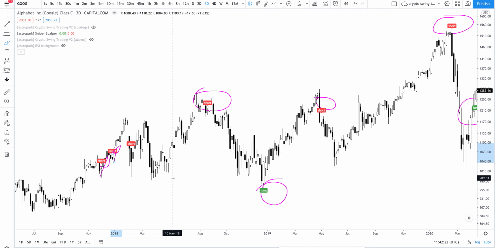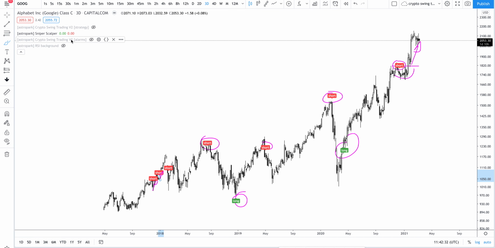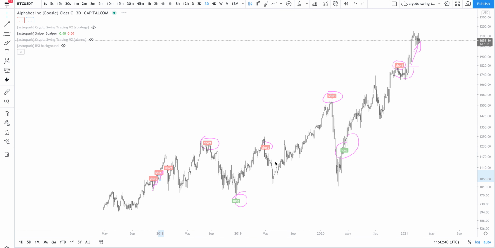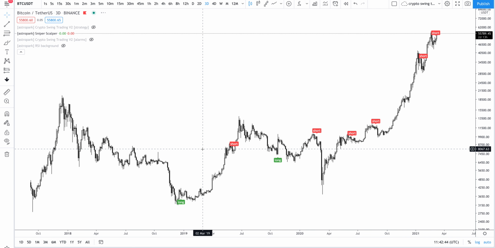So always you can use this indicator as a powerful hedge in your trading journey. This is my opinion. Okay, again, let's go back to the initial chart just to check what it would have done.